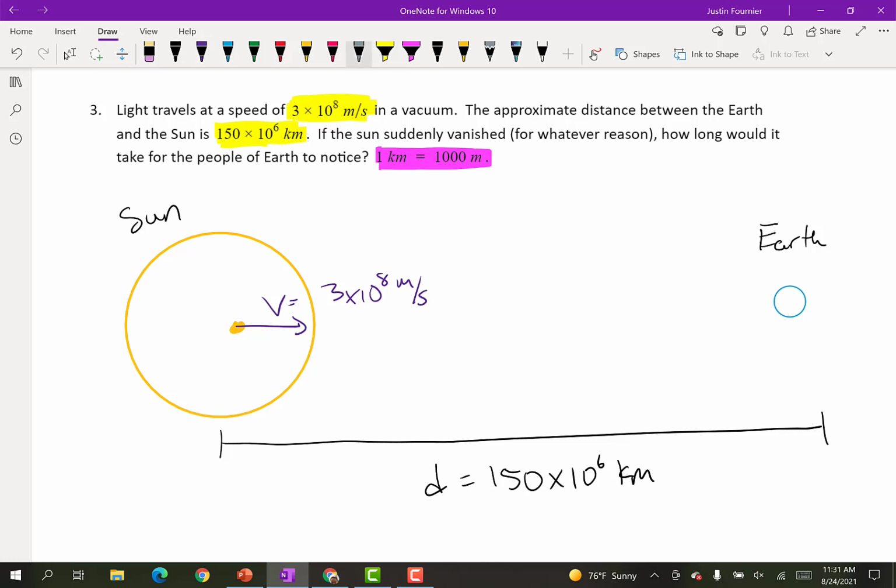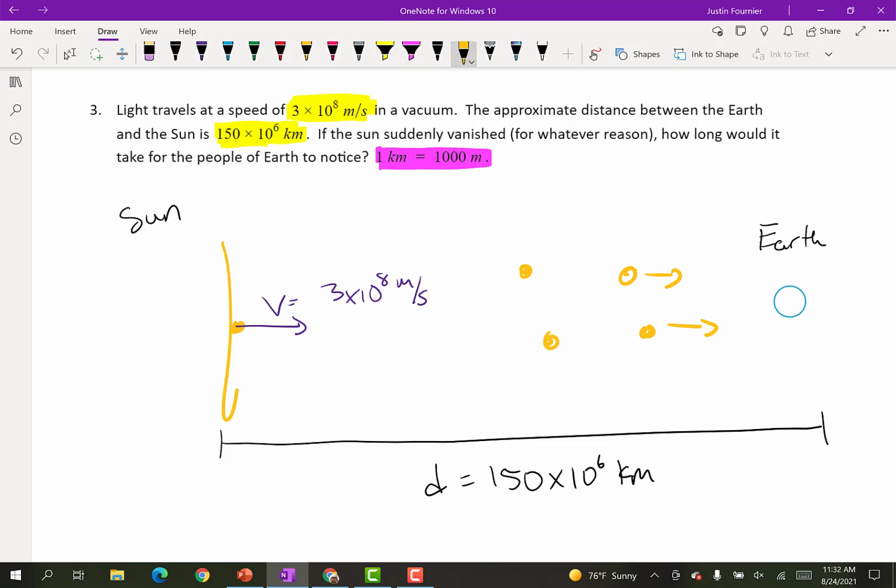So you can probably imagine there's a bunch of little chunks of light, all of them approaching Earth. But if the sun suddenly vanishes, then I no longer have light going.